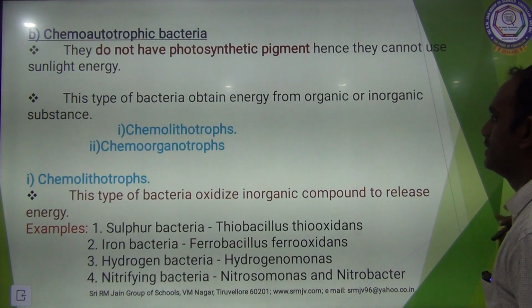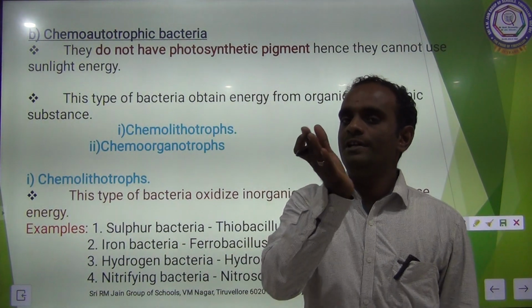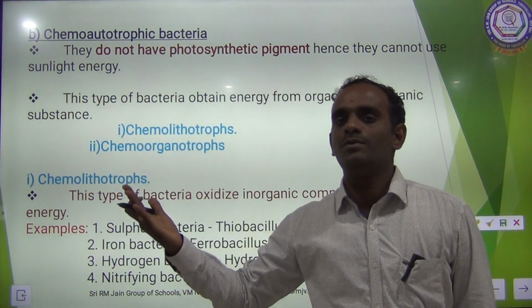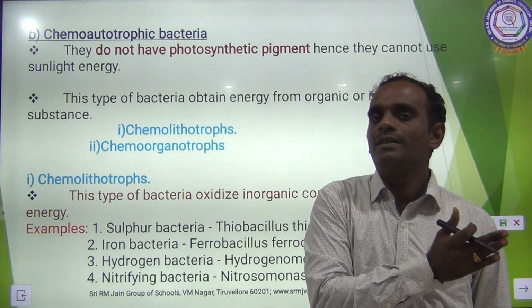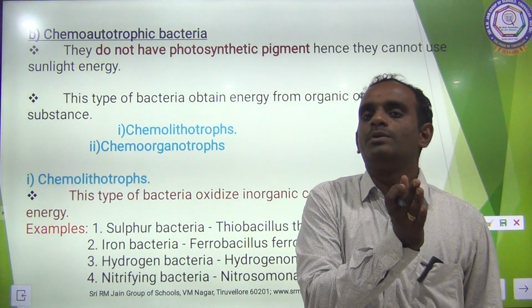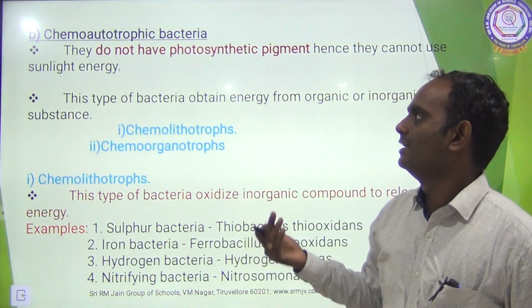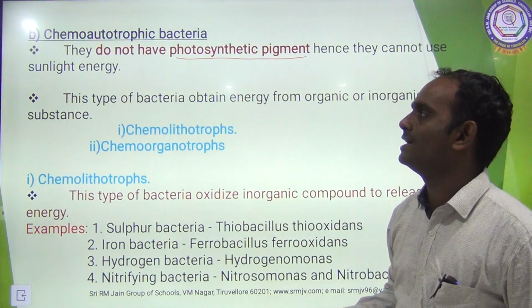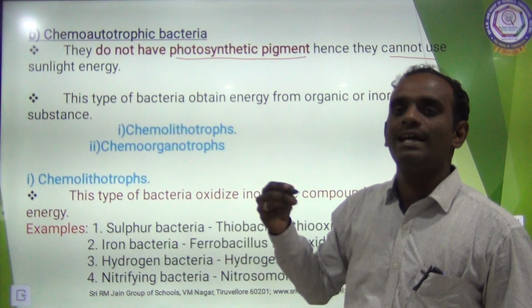The next one is chemoautotrophic. Autotroph is divided into photoautotroph and another major one, chemoautotroph. In photoautotroph, the bacteria utilize sunlight as the energy source. Here the bacteria do not have any photosynthetic pigment, hence they cannot use sunlight as energy.